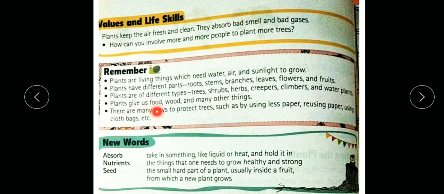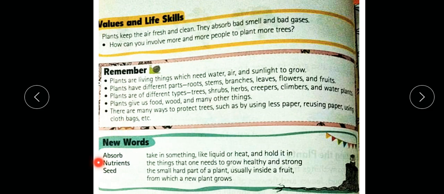Plants give us food, wood, and many other things. There are many ways to protect trees, such as using less paper, reusing paper, using cloth bags or napkins, etc.